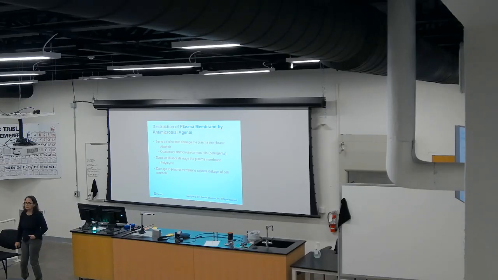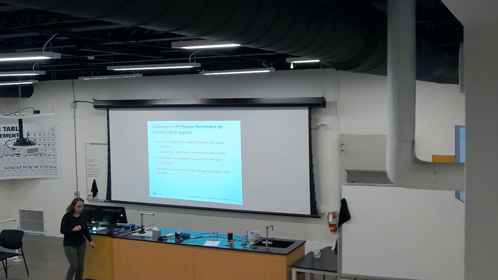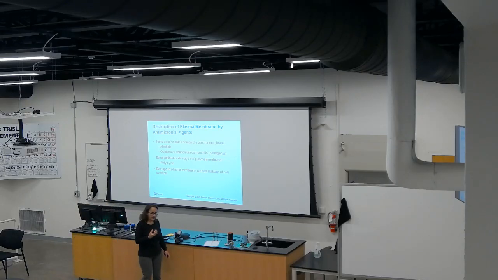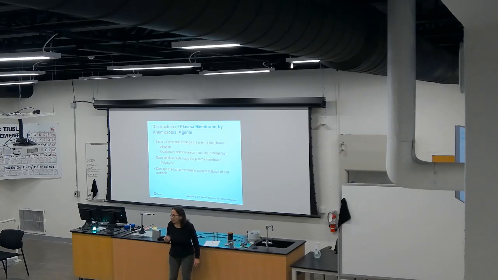It's a two-dimensional view. So if you see the lateral view, maybe you will see those foldings. Now, because we know that these lipids can be damaged with chemical agents, we actually can use them to control the growth of microorganisms.